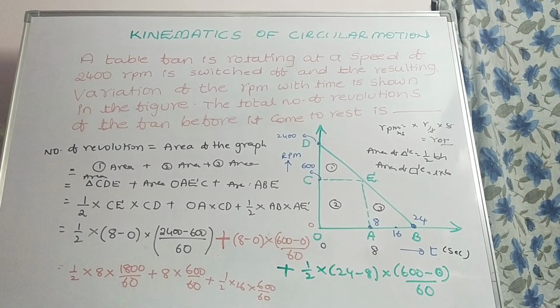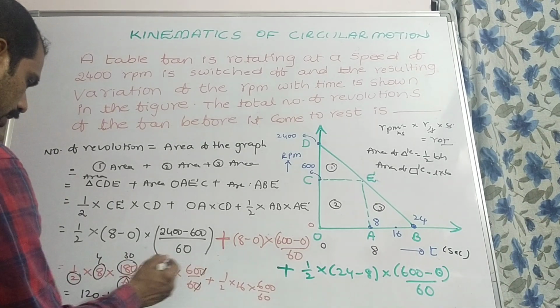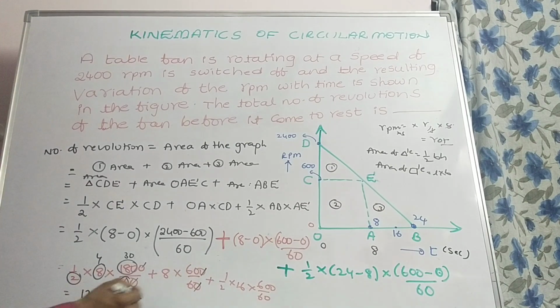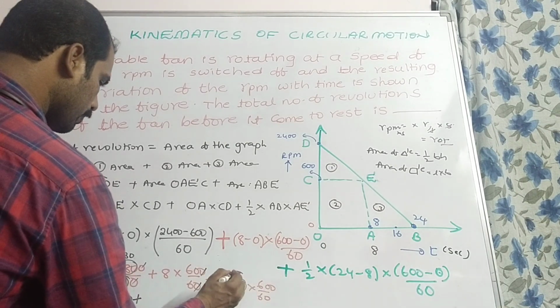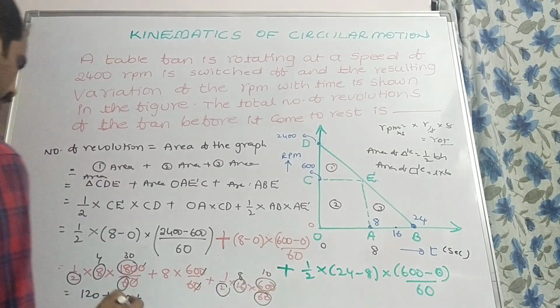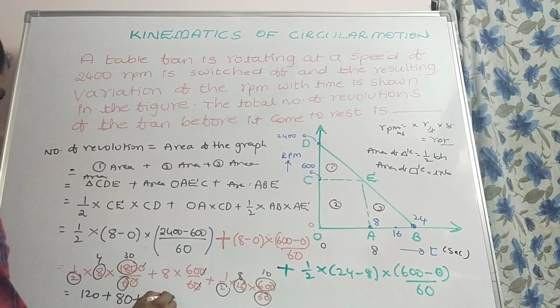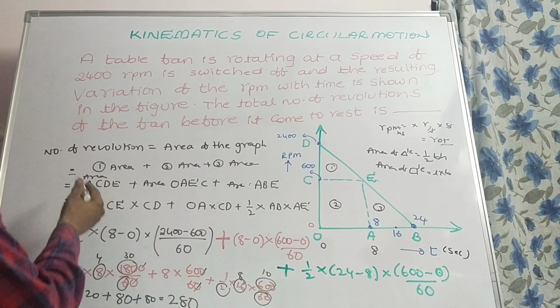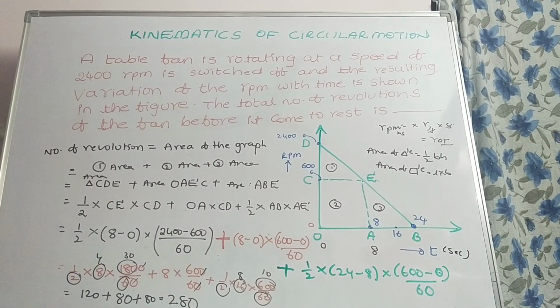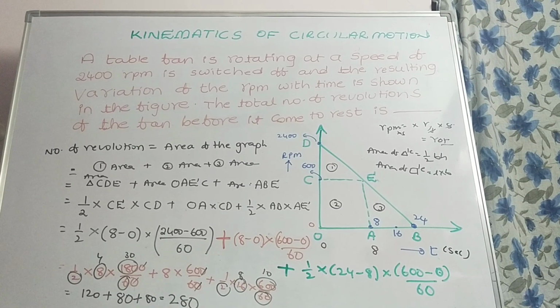Now we can simply write it: zeros get cancelled. 6 30s, 2 4s, 120, plus 80, plus 80. So that is equal to 280 number of revolutions. We can obtain 280 revolutions.